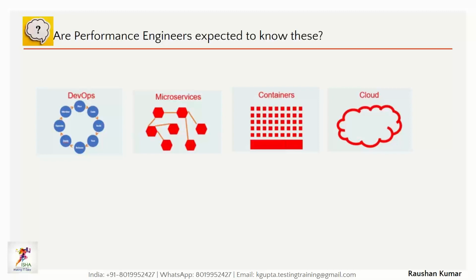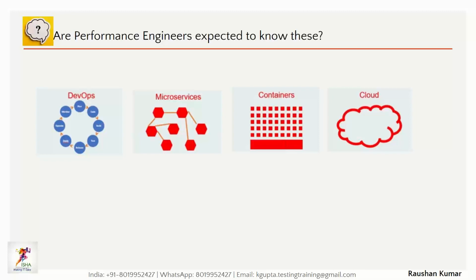So now I would like to ask a simple question. From all the performance engineers, testers out there, based on your current roles, responsibilities, or where the interviewers are asking questions, do you think that apart from knowing the performance testing tool, the LoadRunner, the JMeter, the Gatling, or the monitoring part of it, either from Dynatrace or AppDynamics, you need to know these things as well?